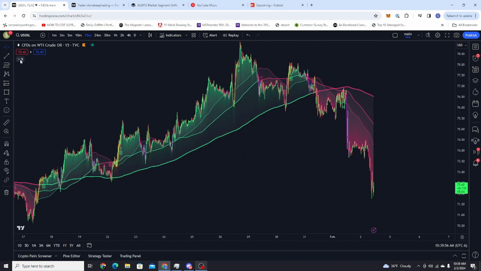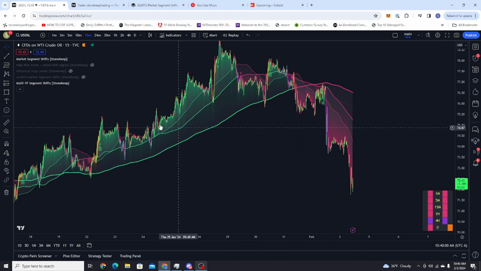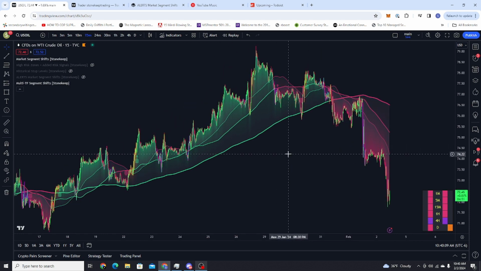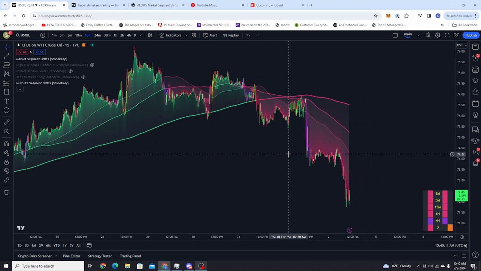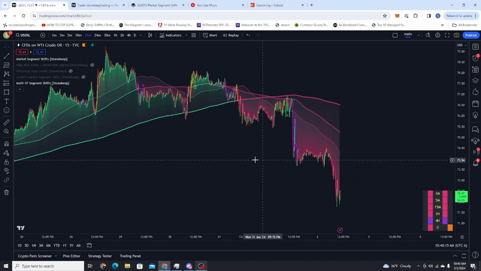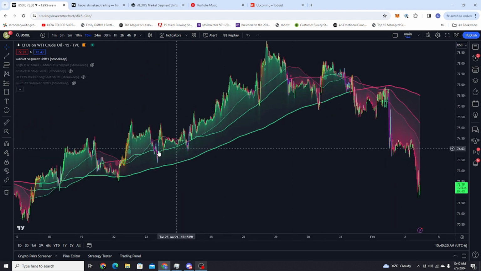Now, next I'm going to talk about the multi-time frame segment shifts. Each additional tool that we put out is meant to be used in combination with each other, and they all cover a different aspect of important factors which go into the success or failure of a trader, right? So our first one is just the market segment shifts. This is to give a general idea of where the market's heading.